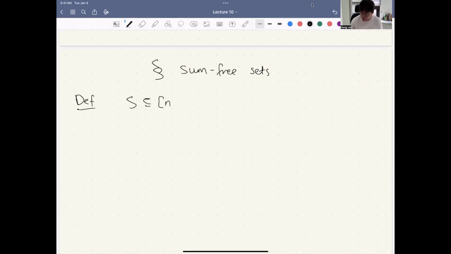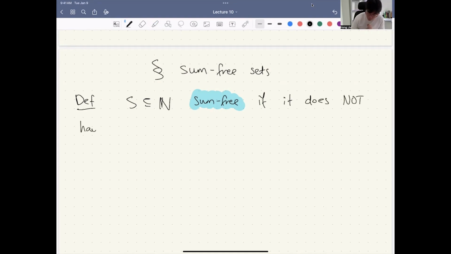Well, okay, it doesn't have to be. It could be an infinite set. A set of natural numbers is sum-free if it does not have a solution to the equation x plus y equal to z.